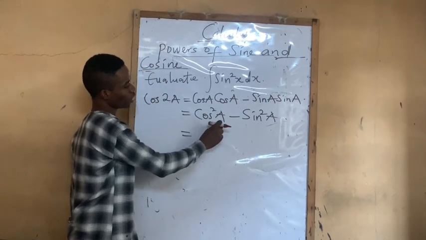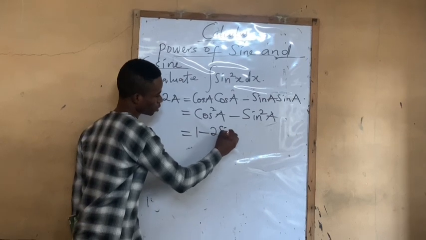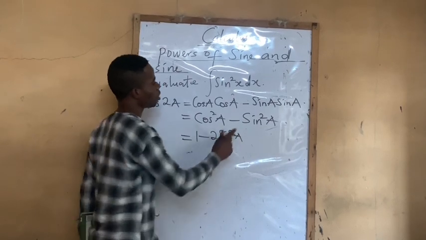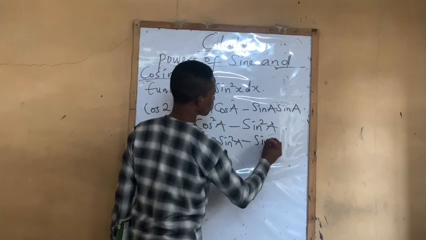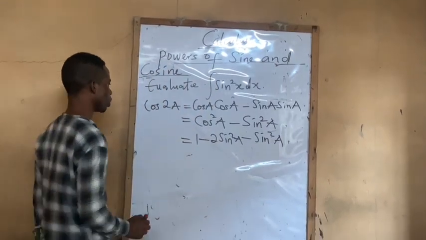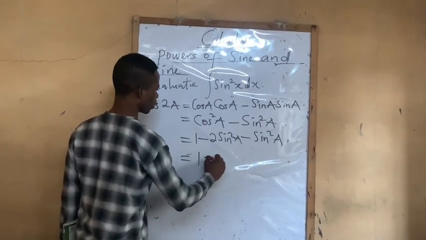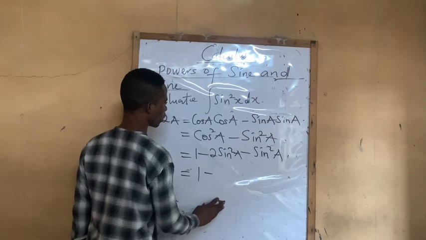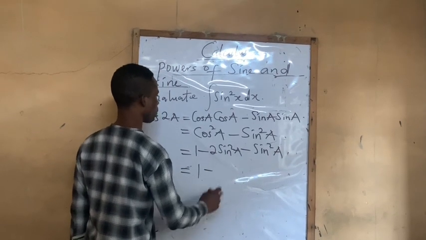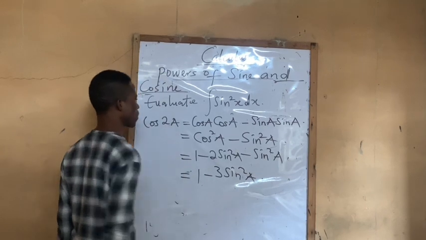And what is cos square a? Cos square a is also 1 minus sine square a, minus sine square a. Now we know that it is 1 minus 2 sine square a.